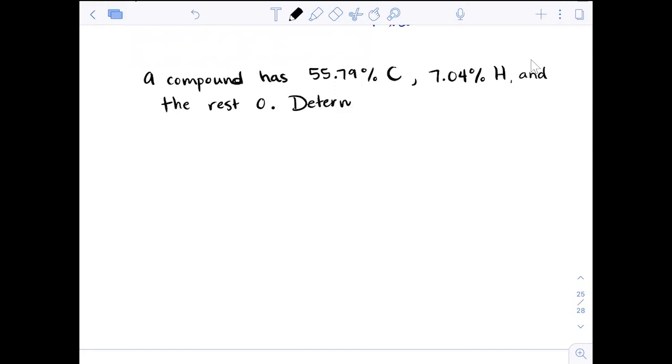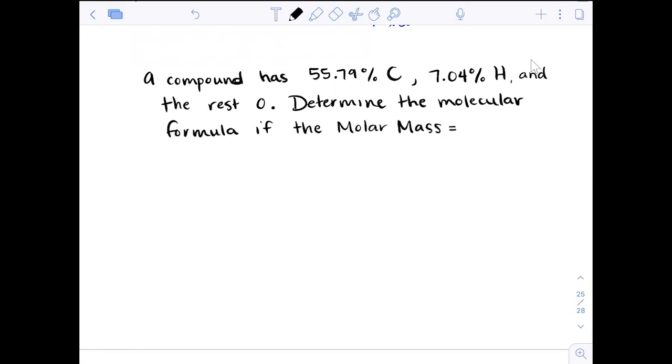Determine the molecular formula if the molar mass is equal to 86.09 grams per mole. This is important information.